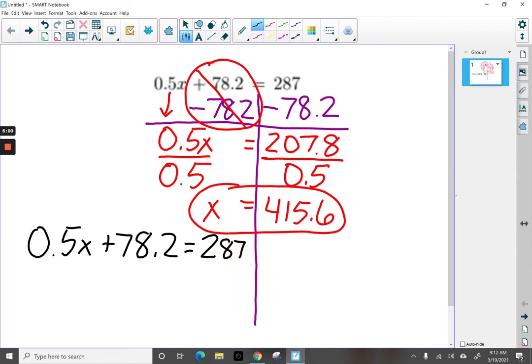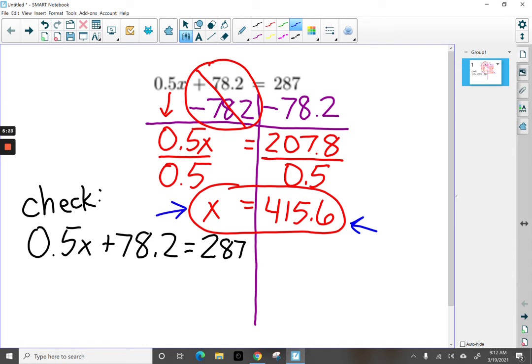I'll even label it here with my check. Now the difference in the check compared to the actual solving of the equation is my check is only meant to make sure this answer that we got right here makes this equation true.